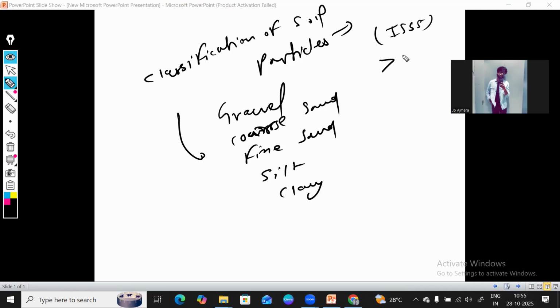If the size is more than 2 mm, then it goes to gravel.